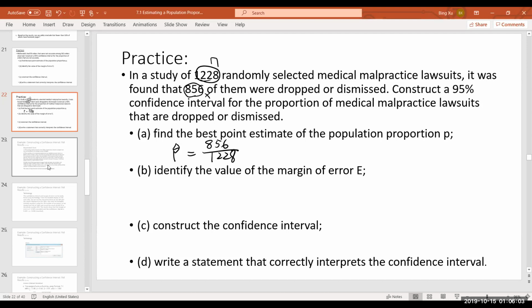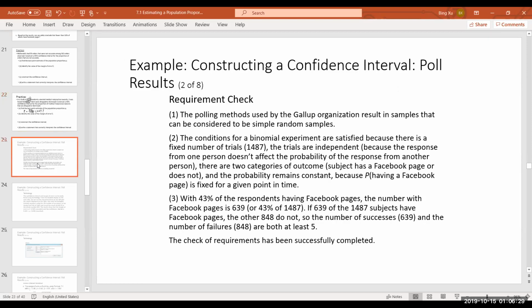I wasn't sure where I went wrong. It's like 0.697, something like that, so I rounded to 0.70. It didn't say whether to use 3 or 2 decimal places. Okay, you can do either one.